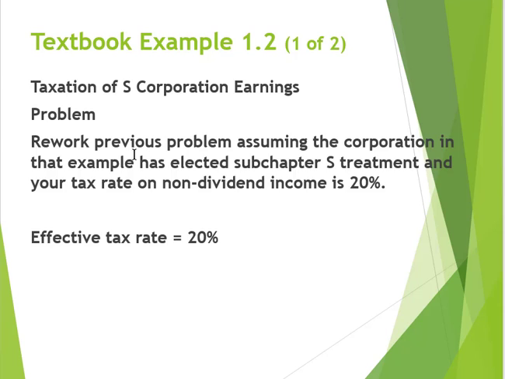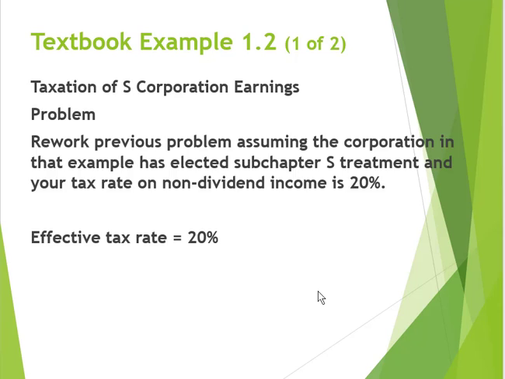What if it was an S Corp? In this case, the dividend income or your non-dividend income is 20%. So now, if you earned $8 per share, you're going to pay a total of 20% of the $8.